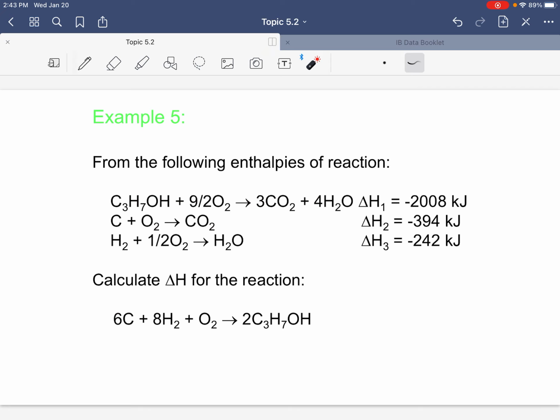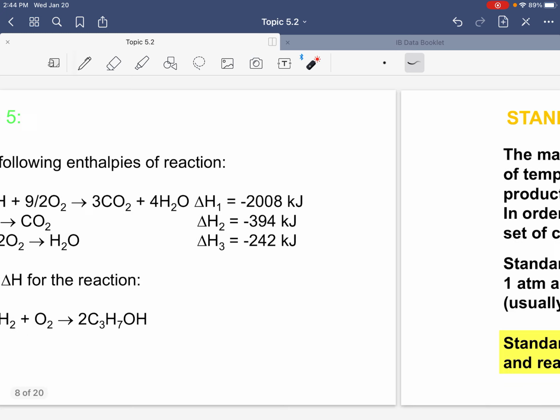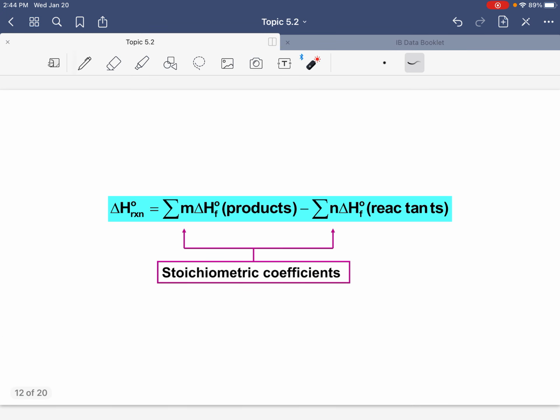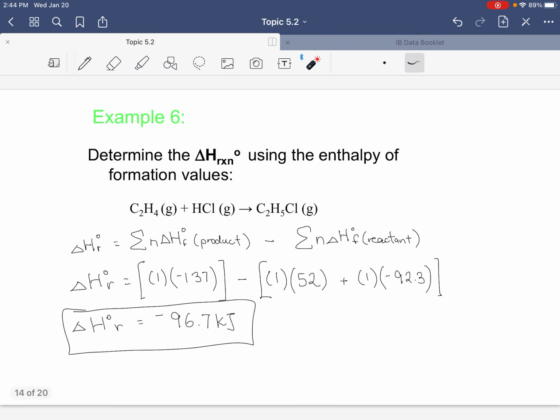But sometimes we just have to do this because wherever we're working may not be at standard state. So if we were to do this reaction right here and where we are is not at standard state, you'll notice that your number will be off from this.